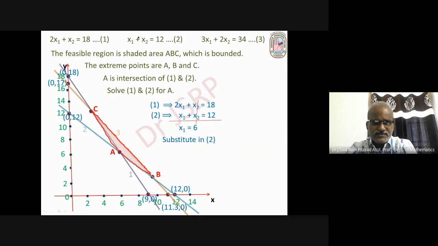Substitute in the second equation: 6 plus x2 equals 12, so x2 equals 12 minus 6, 6. The point A is 6 comma 6.